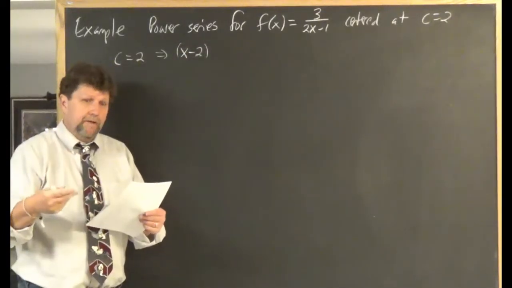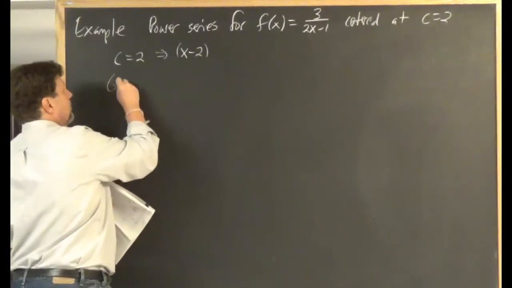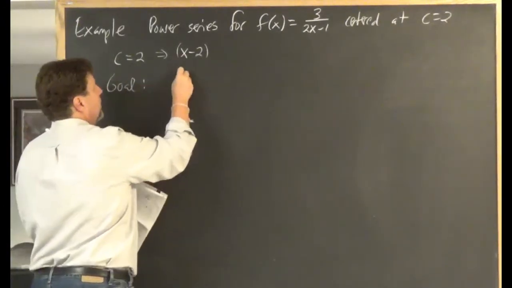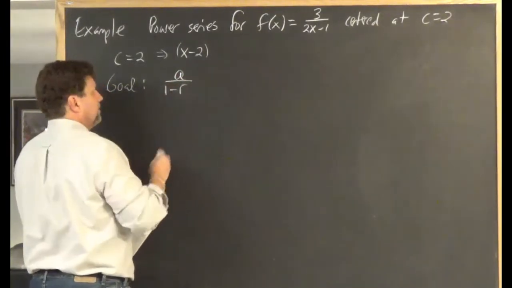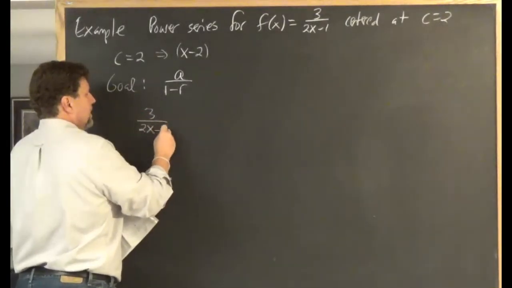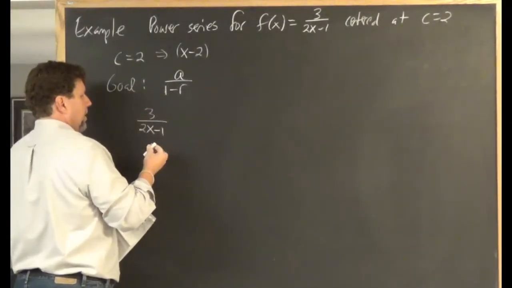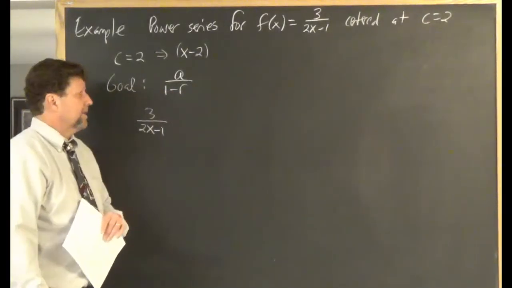Centered at 2, we better see an x minus 2. Second, remember our goal: a over 1 minus r. So we're going to take our 3 over 2x minus 1, and we're going to try to get it into this a over 1 minus r.